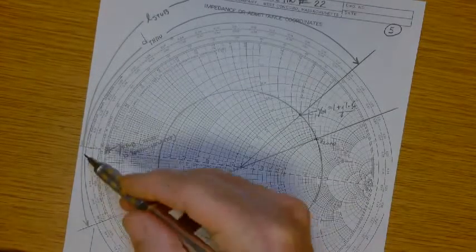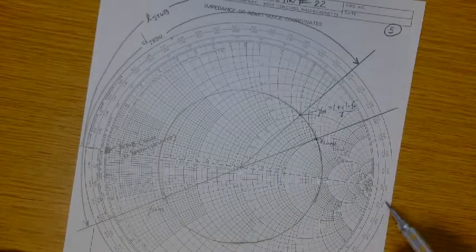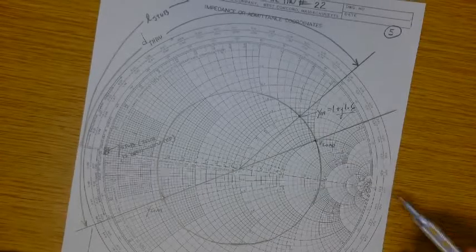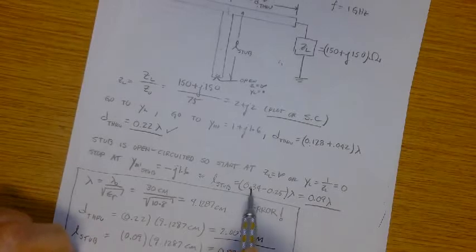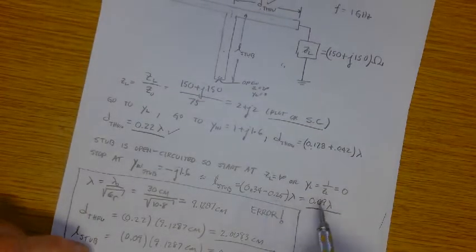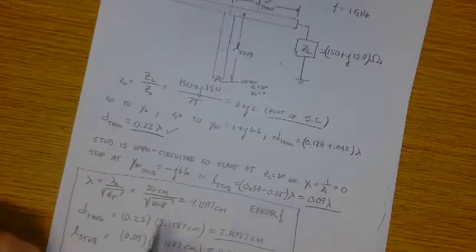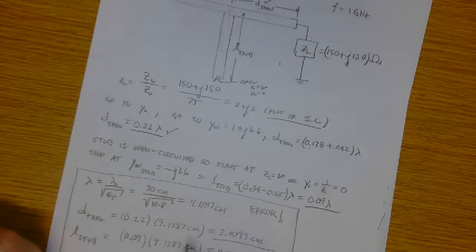So how far is that? Well, it's a quarter wavelength plus this much distance. So it's a quarter wavelength plus 0.34 minus 0.25. So 0.34 minus 0.25, I got 0.09, and we're going to talk about this first sloppy solution, which is in error, right? We're going to see why I made these errors.